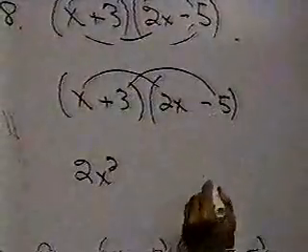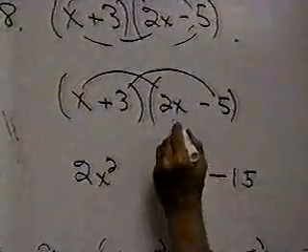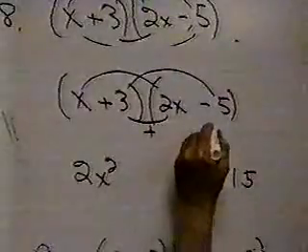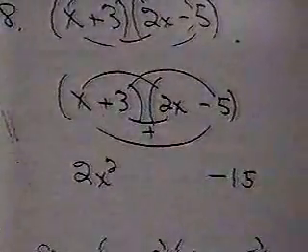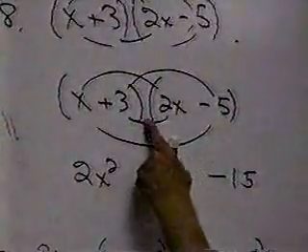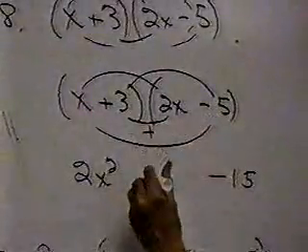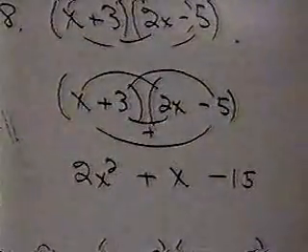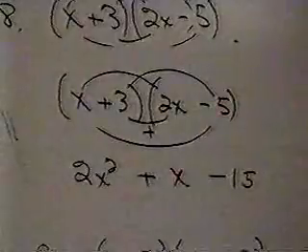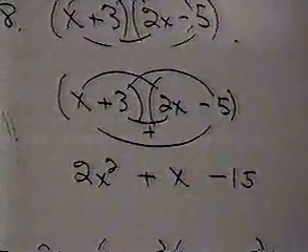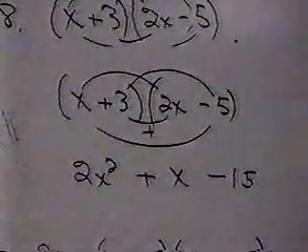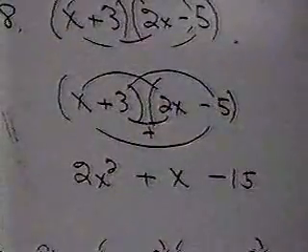Last times the last, that's minus 15. And then this added to this. So this is 6x minus 5x, which is plus x. Okay, that's the FOIL method. So I'm going to work a bunch of the FOIL method. So let's now go to example 9.